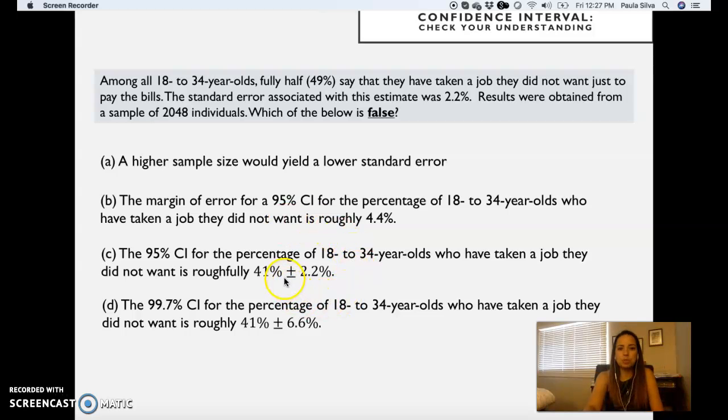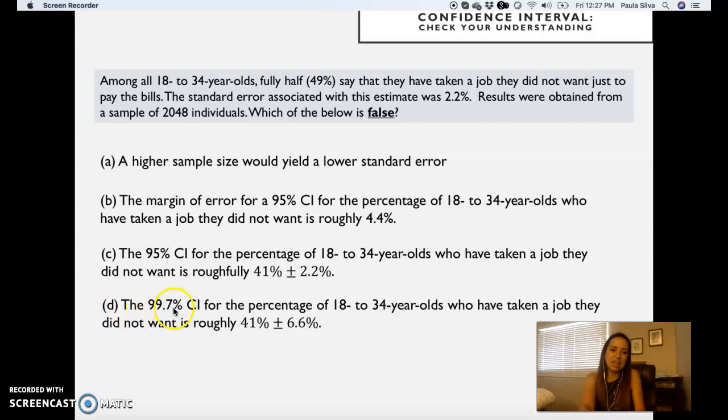This one should be false if you said true to this one, because it would be 41 plus or minus 2 times the standard error, right? Not 1 time. This would be if you wanted a confidence interval of 68%. If you wanted to be just 68% confident that your interval would include the mean, then that would be your guy. So D by default is true, but let's analyze that.